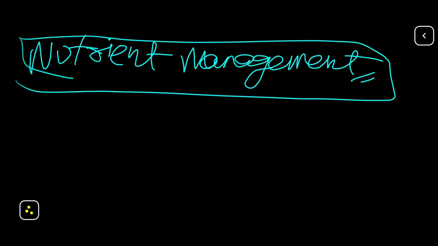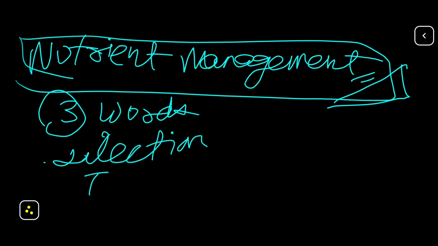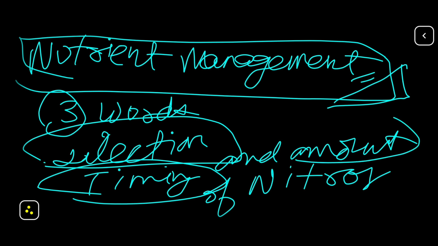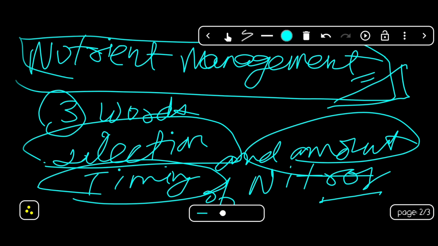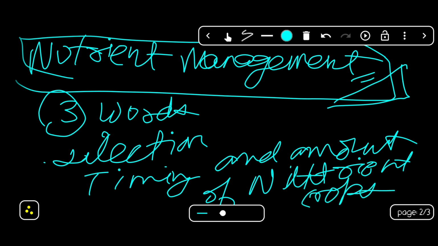Nutrient management, what is it? There are three words you can write in the paper to get good marks if asked to state this topic: selection, timing, and amount of nutrients supplied to the crops.